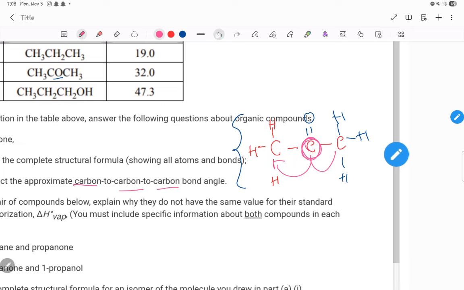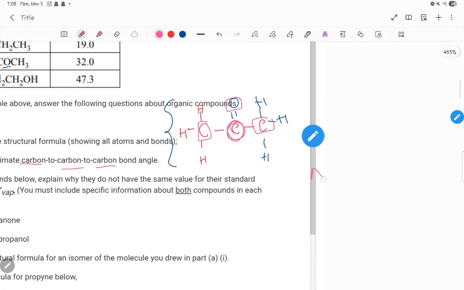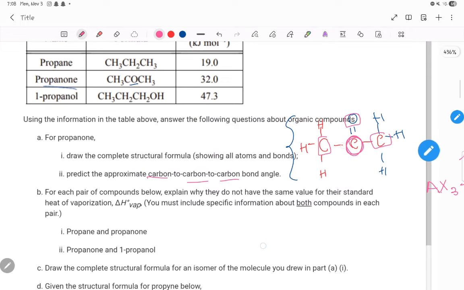Now you take the central carbon and you see that it's attached to 1, 2, 3 atoms, right? So it's going to be AX3, and there are no lone pairs. So if there are no lone pairs, we say this is going to be trigonal planar. And a trigonal planar has an angle of 120 degrees, okay? So this is for A-i and A-ii. We move on to part B.